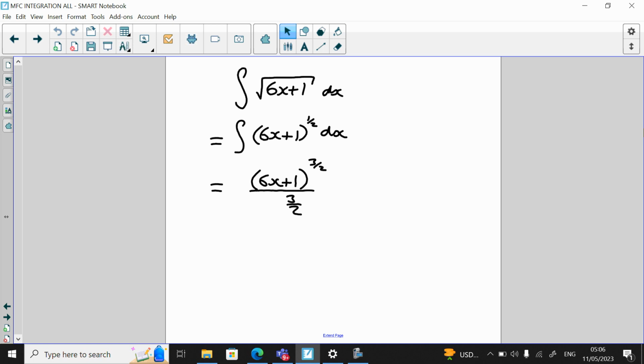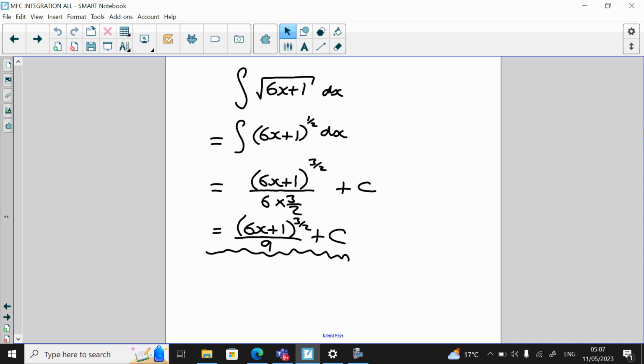Divide by the new power, and also divide by the coefficient of x in the bracket, which is 6, which is technically the derivative of 6x plus 1. Don't forget your plus c, but then tidy up the bottom. 6 times 3 over 2 should be 9 with the plus c at the end. That's us done.